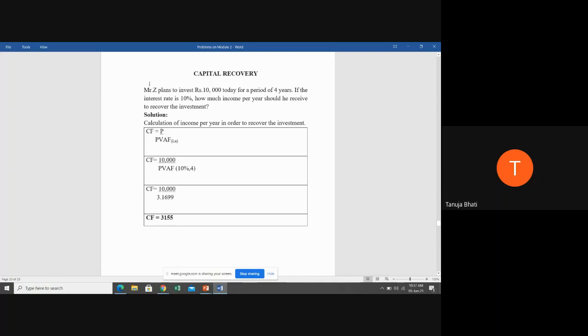Did everyone understand the problem on capital recovery? It is very simple. Yes, ma'am. Okay.